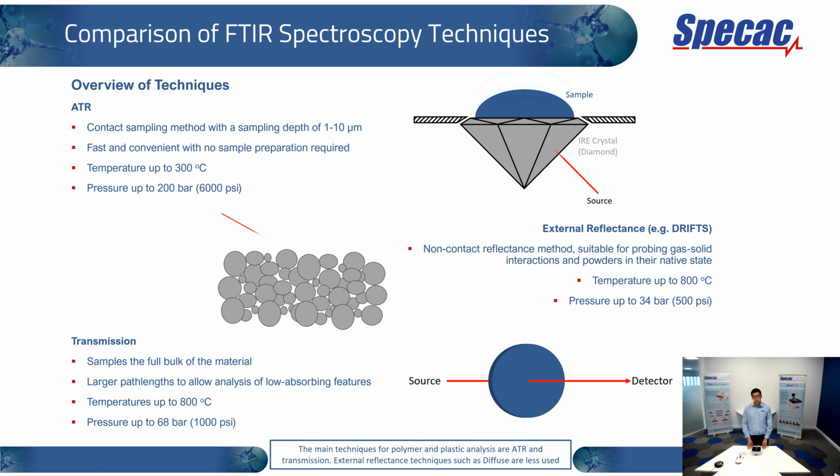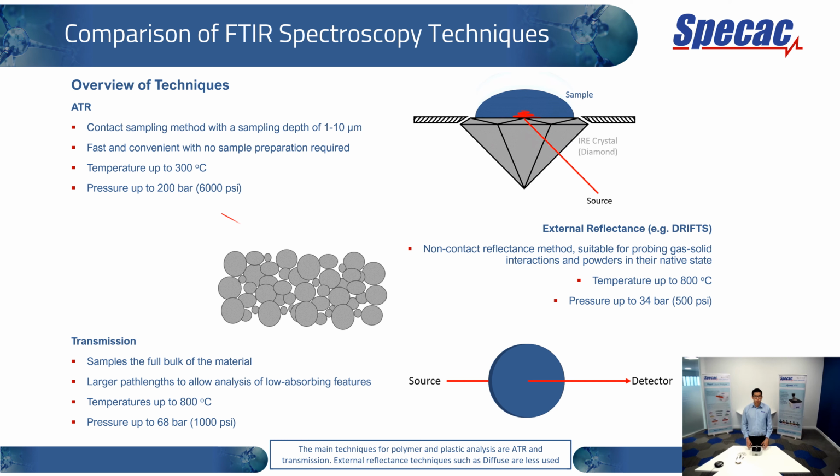One other technique that is very common when analyzing plastics and polymers is the transmission technique, where you are analyzing the bulk of the sample rather than the first few microns of the sample, such as with ATR. So naturally, the intensity of your FTIR peaks will be a lot stronger and more intense in your spectra when using the transmission technique.